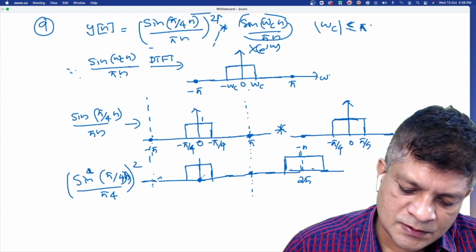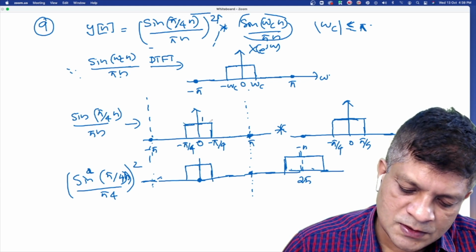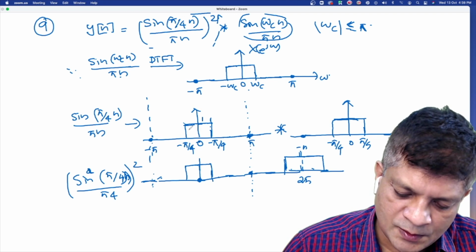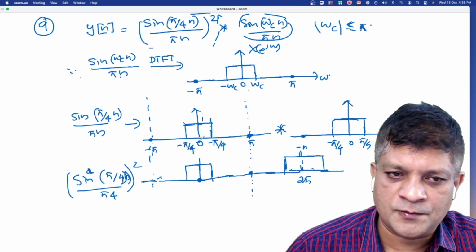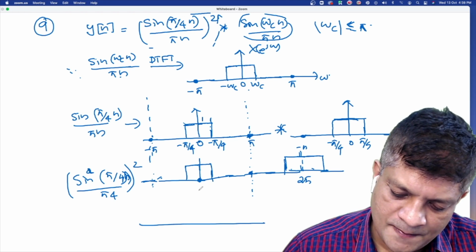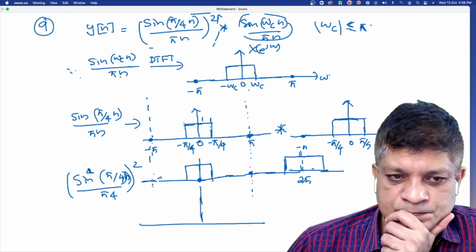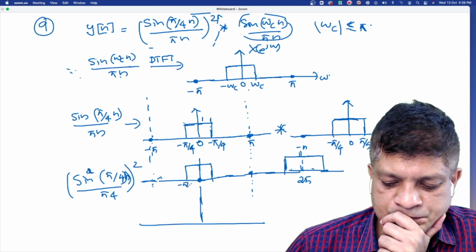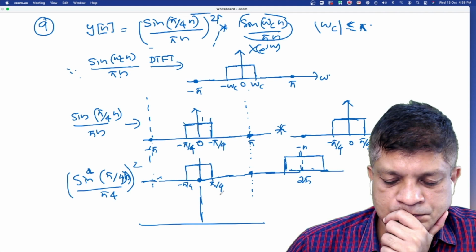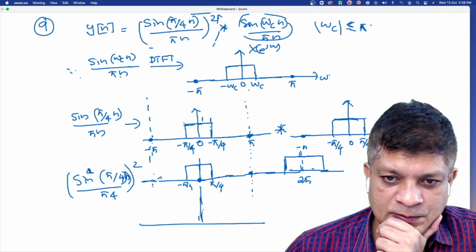What about this case? If you move this point from here to here, this function is non-zero from minus pi by 4 to pi by 4 only. Tell me the periodic convolution of these two.